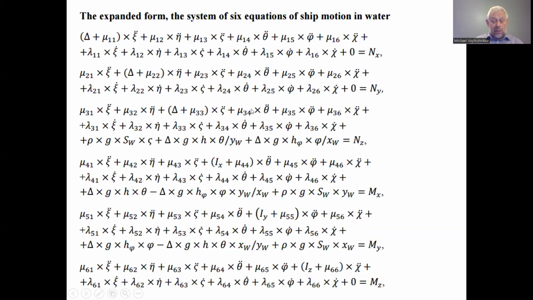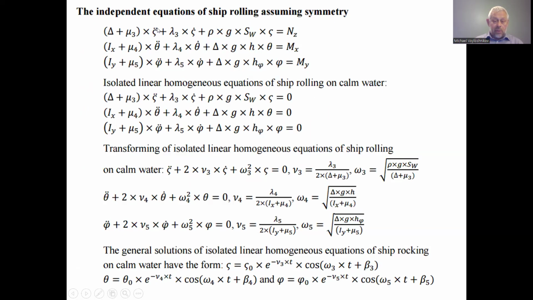And thus we reduce the general system of ship motion in the water environment to the simple form of the linear second order homogeneous equations for rolling on calm water. And we can have the solutions of the equations. This is a type of the solutions: the rolling with the resistance.